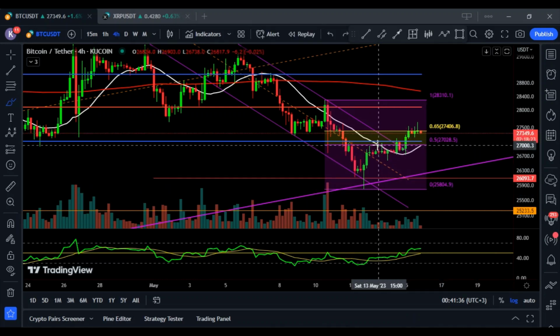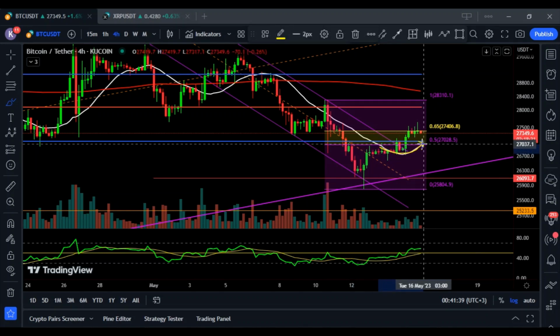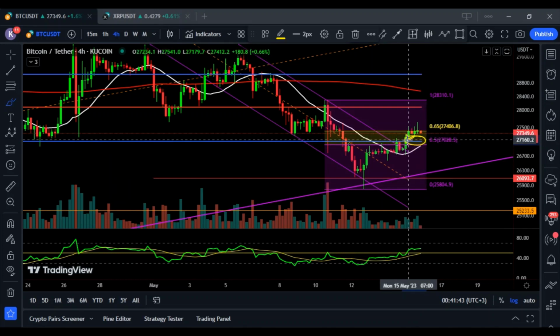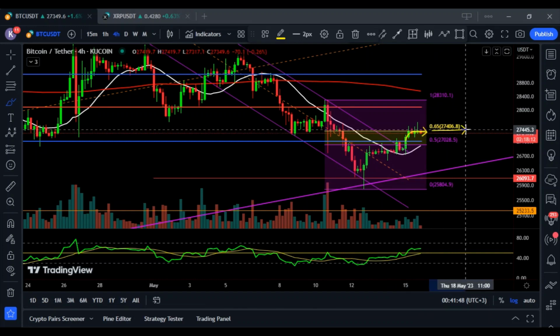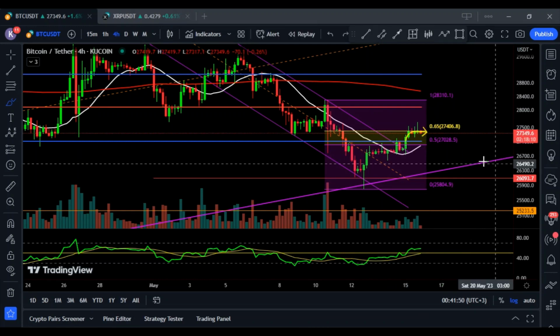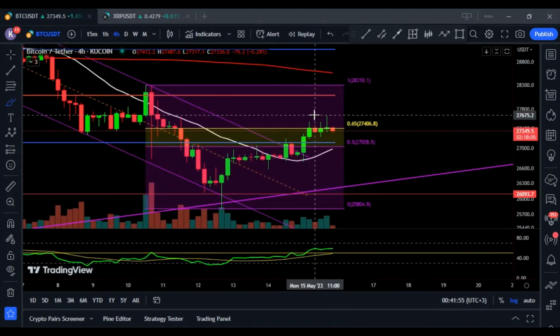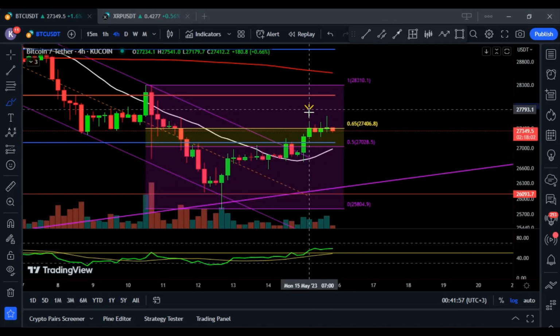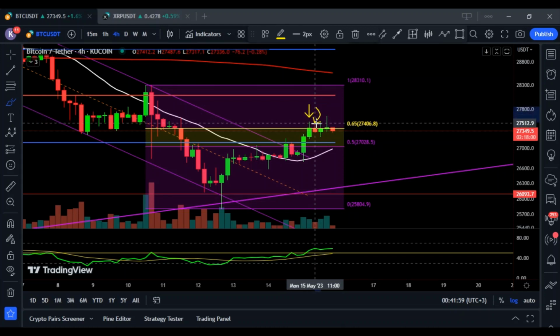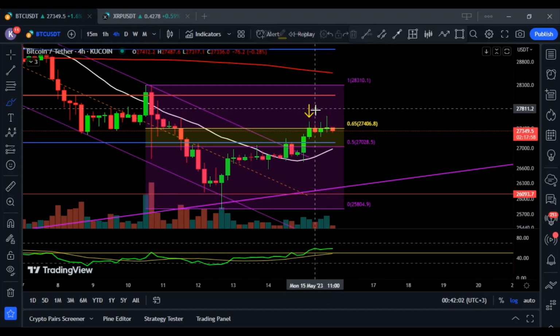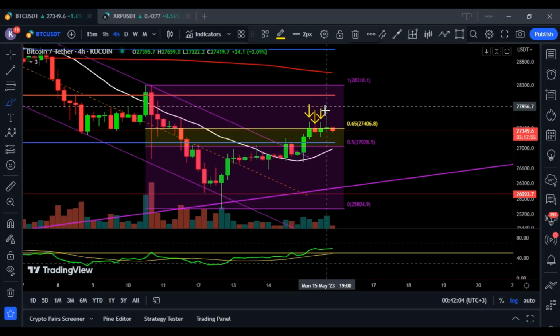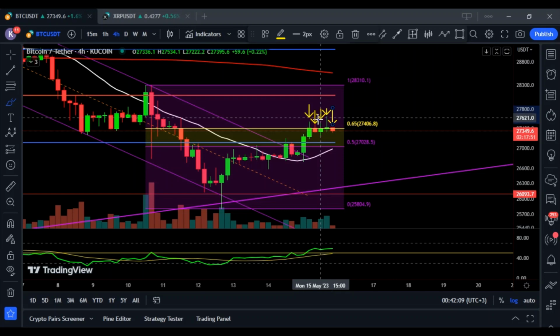So on the bright side, yes, we're having this 20 curve, and yes, we did reclaim the value area low. Yes, we did manage to go up to the 0.65 Fibonacci, but look at this. Over the past couple of 4-hour candles, we were rejected here, a second 4 hours rejected here, and here, and here, and now here. 1, 2, 3, 4, 5.